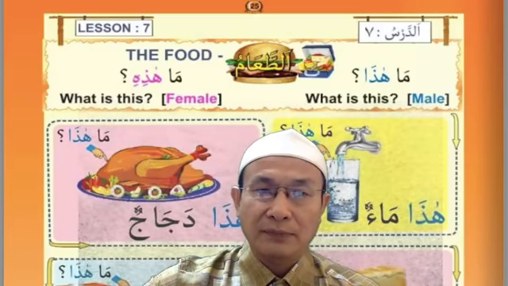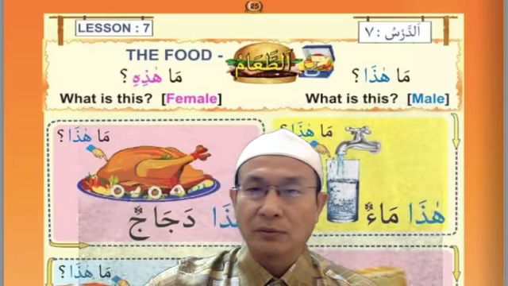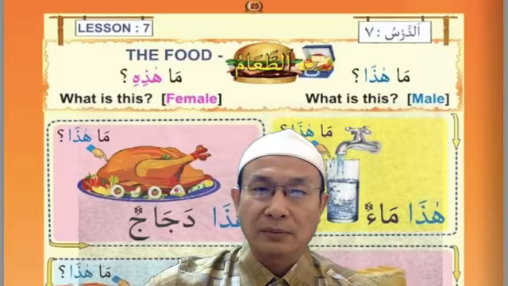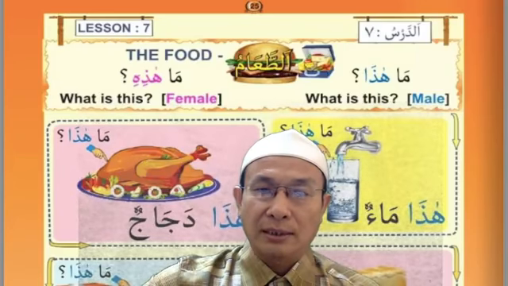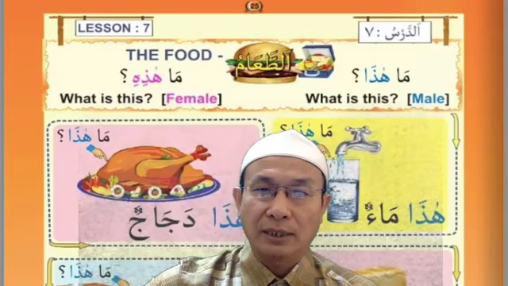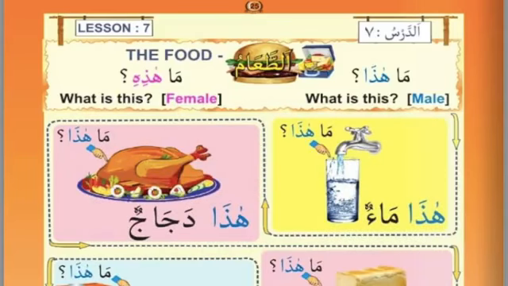Let's read together. If you have the printed book, you may look at your book, and if you don't, you may just follow by watching on your screen. All right, so this is lesson 7.